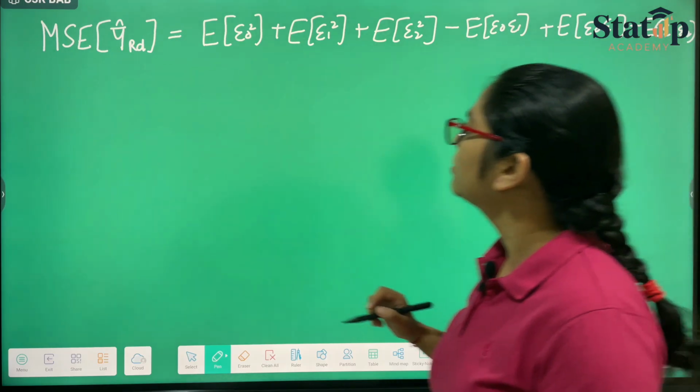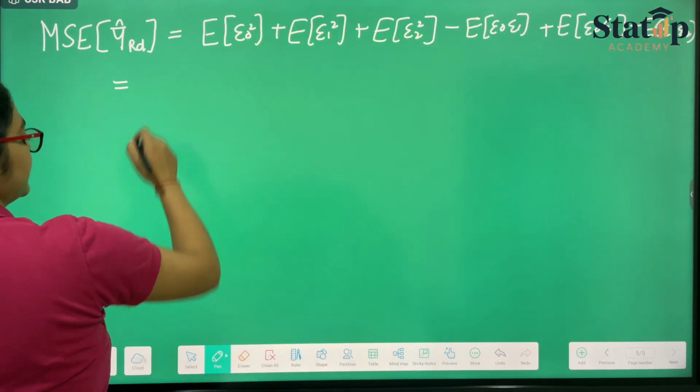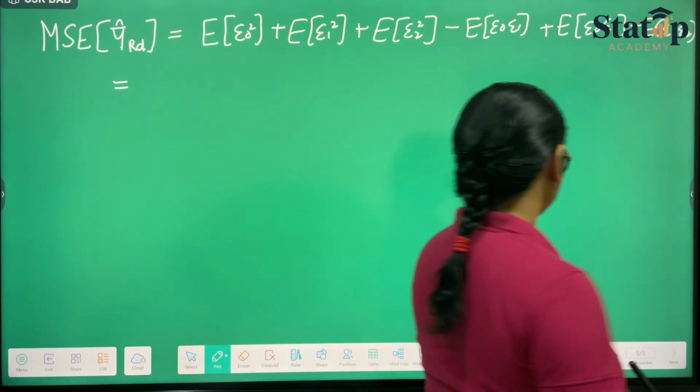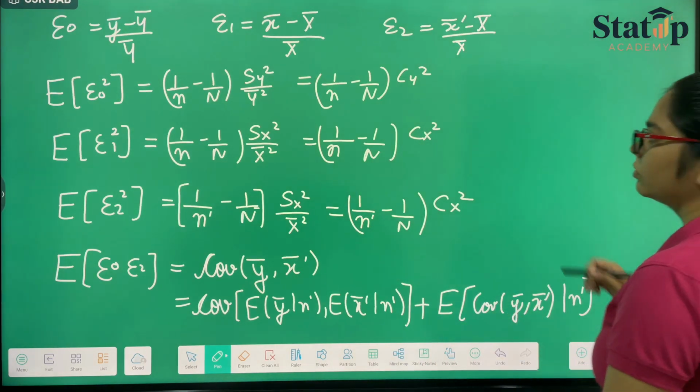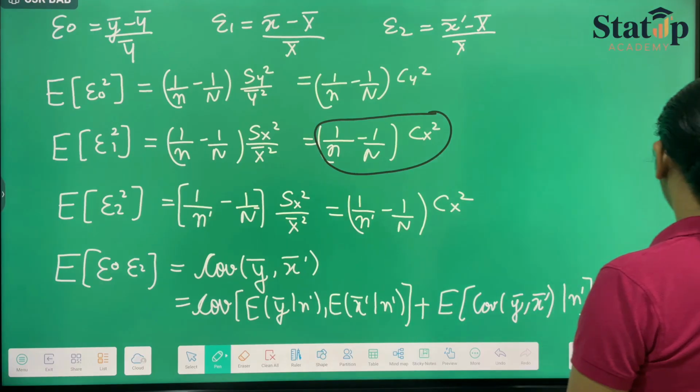This was the formula. The expectation of epsilon naught square is nothing but this, 1 upon n minus 1 upon capital N Cx square.